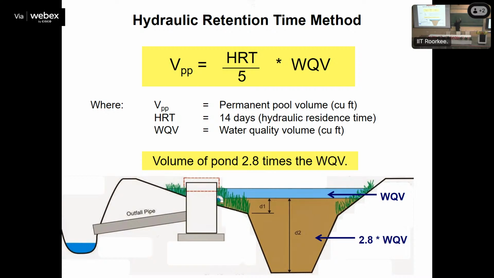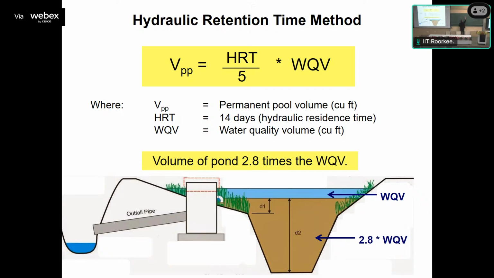So the surface area (SA) of your wet pond is equal to your volume divided by your average depth of the water.